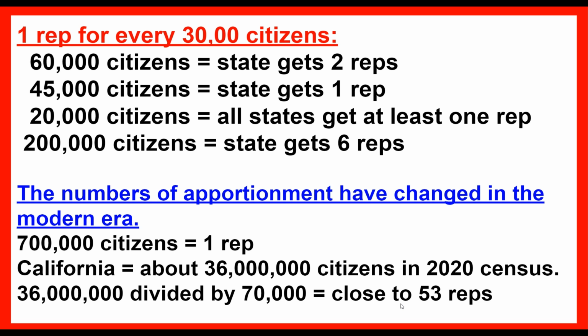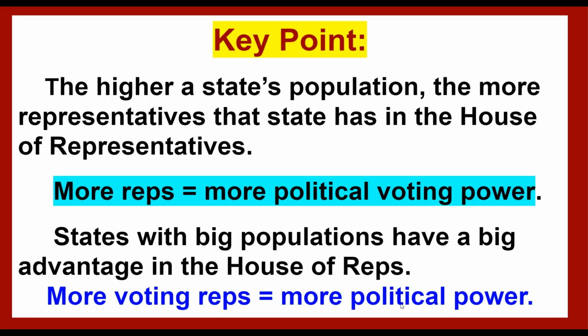Now, down at the bottom in blue, the numbers of apportionment have changed in the modern era. 700,000 citizens today is equal to one rep from a congressional district. California has about 36 million citizens from the 2020 census. If we take that 36 million, divide it by 700,000, that's close to 53 representatives.